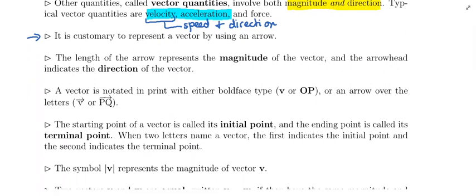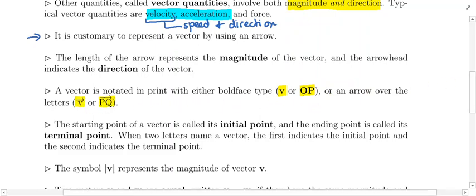If you're reading this piece of paper or your book or MyLab Math, you might see a vector in this format. So this would be vector V. It's just the letter and it's been bolded. You can either use a single lowercase letter or two uppercase letters. They would all be bolded to designate your vector. It's also appropriate to use a lowercase letter or two uppercase letters not bolded, but in that case, you have to have an arrow over the letters.